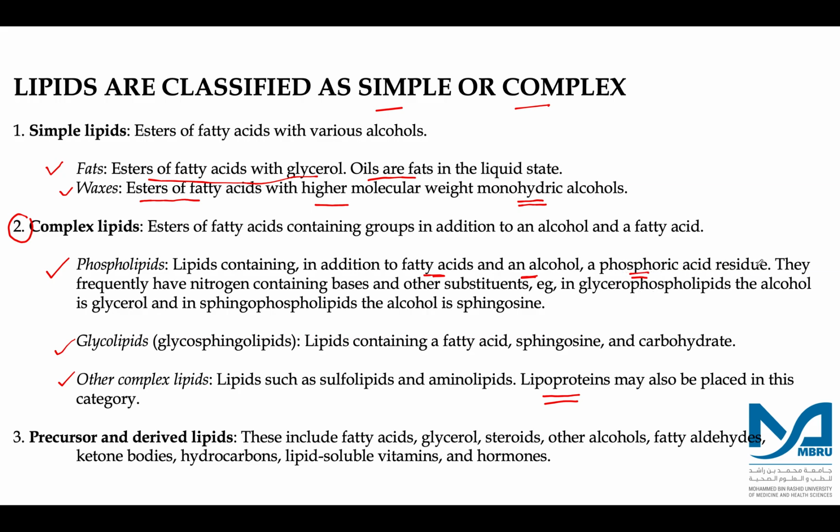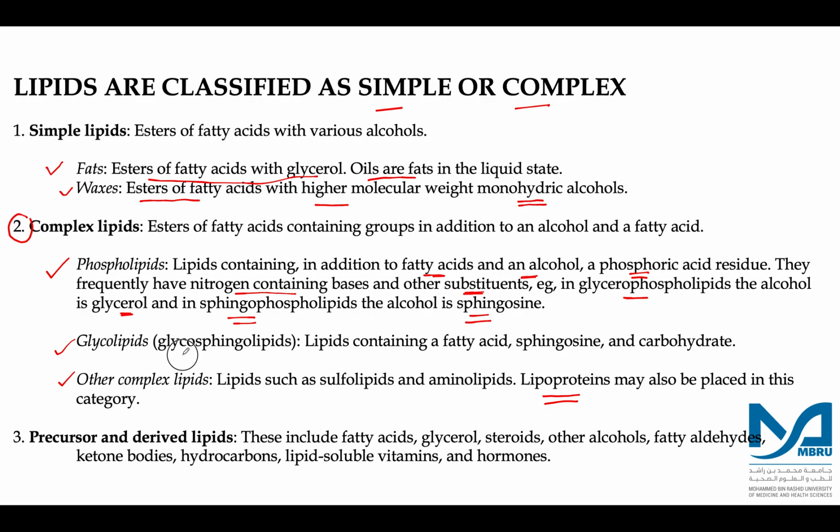But phospholipids also have nitrogen-containing bases and other substituents, and a classical example of a phospholipid is a glycerophospholipid, where the alcohol is glycerol, whereas we have certain other kinds of phospholipids known as sphingolipids or sphingophospholipids, where the alcohol instead of glycerol is sphingosine. These kinds of phospholipids are extensively present in the brain.